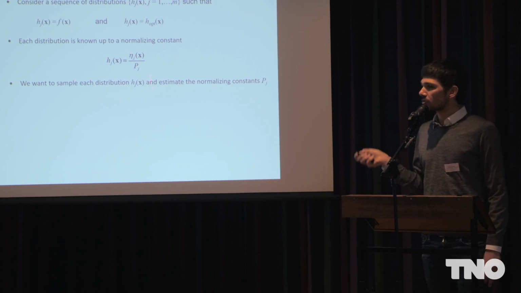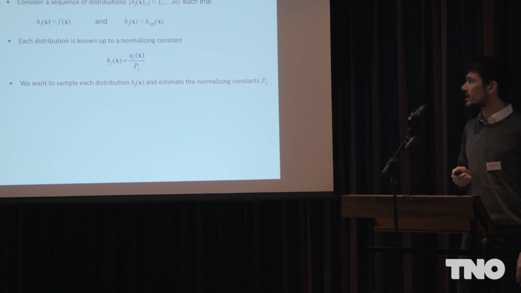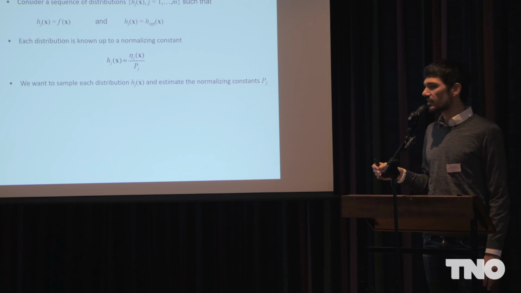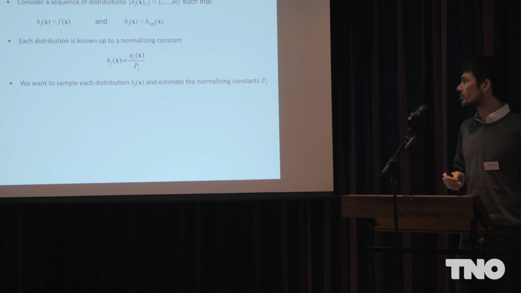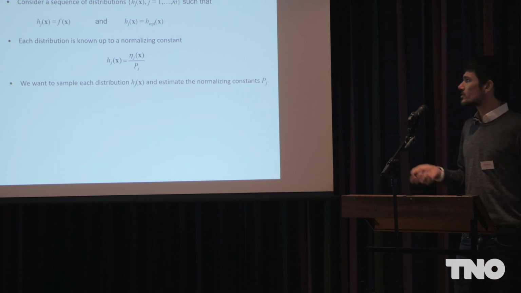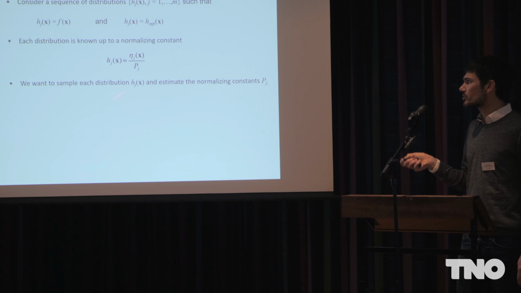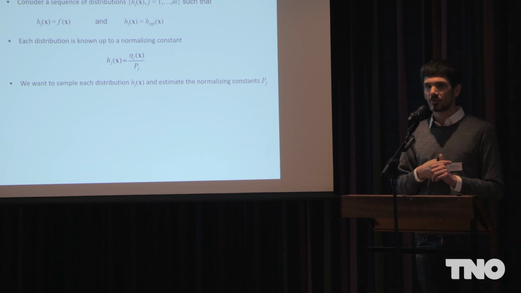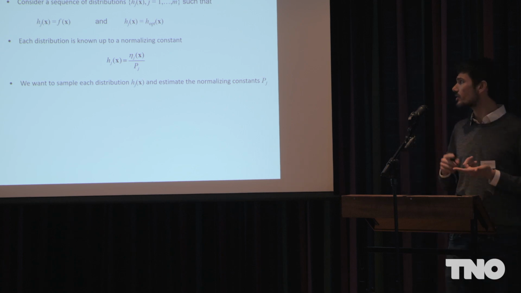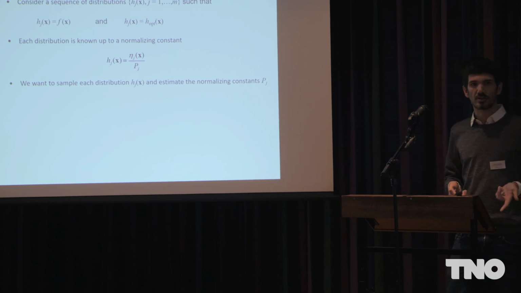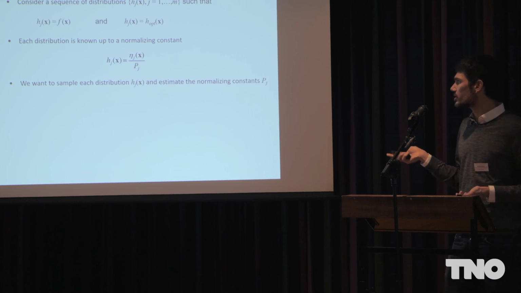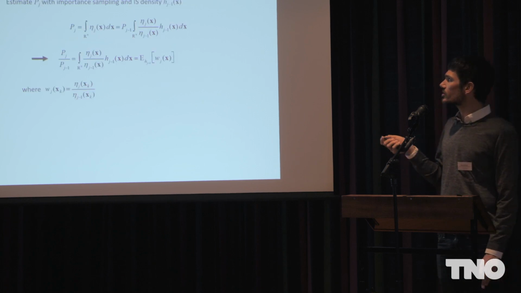What these methods do is that they sample sequentially each distribution Hj and estimate the corresponding normalizing constants. Okay? So I will describe how the sampling is performed from the distribution sequence, and how the normalizing constants are evaluated. I will start with the second component, the estimation of the normalizing constant.